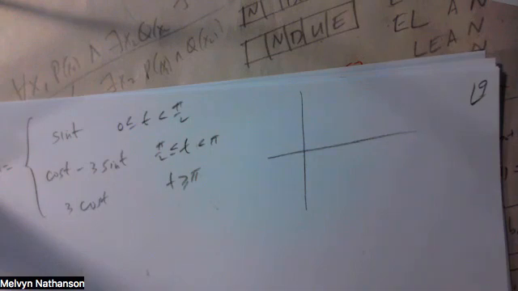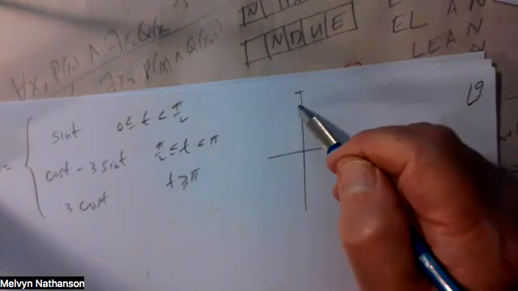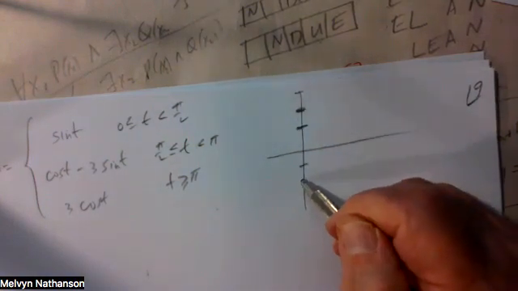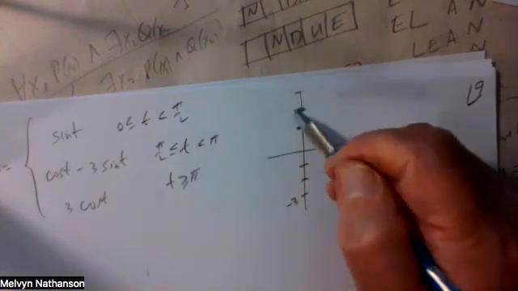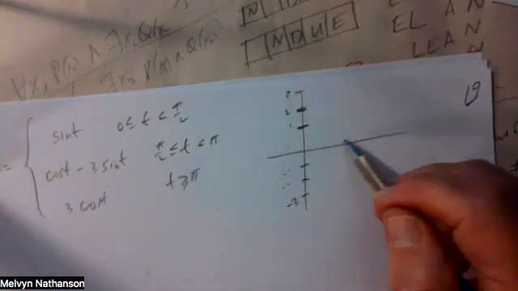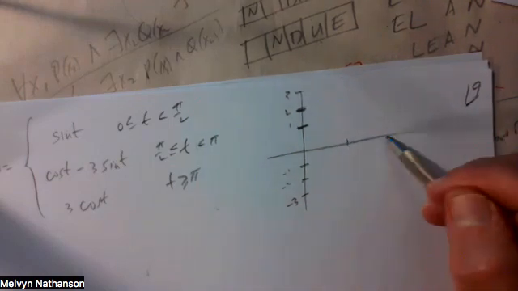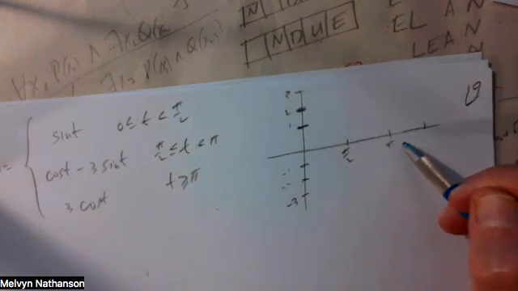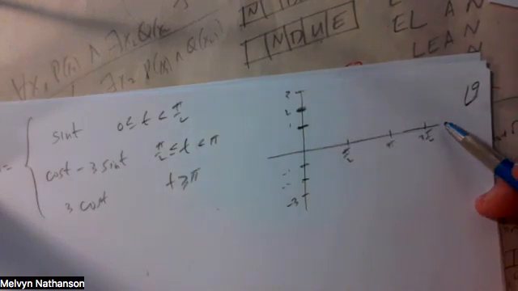So if you look at the graph of this function, what does this function look like? So from -3 to 3, and pi over 2, pi, 3 pi over 2.